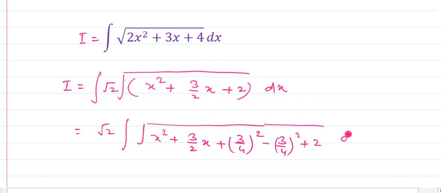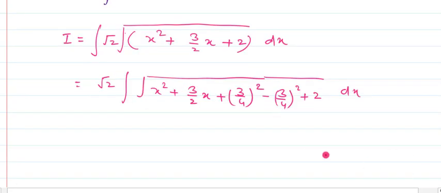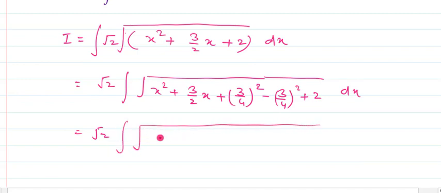This will remain as it is dx. Now clearly it is root 2 into integration of square root of x plus 3 upon 4 whole square minus, taking negative sign common here, we are left with 9 upon 4 minus 2 dx.